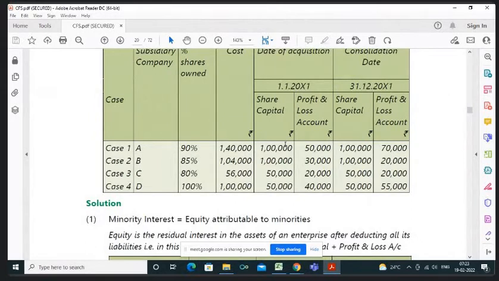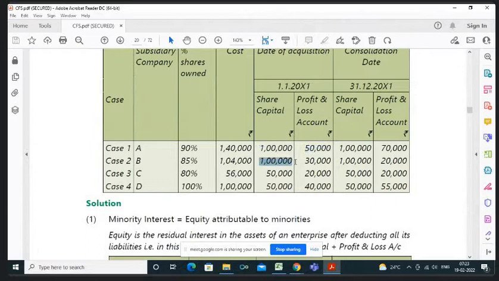They have given the capital and profit and loss account, which is the reserves, which will be part of the reserves and surplus. So the equity of the subsidiary is the sum total of share capital and profit and loss account. So in the case of case A, it will be case 1, it will be 1,50,000.